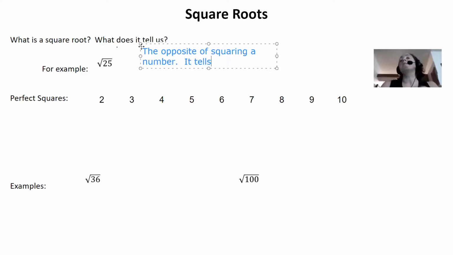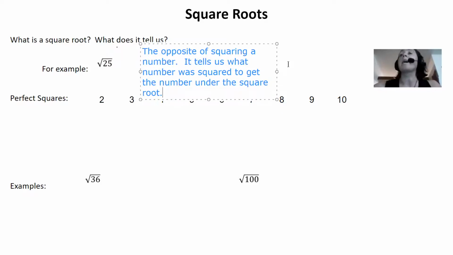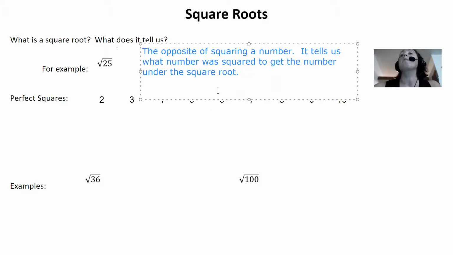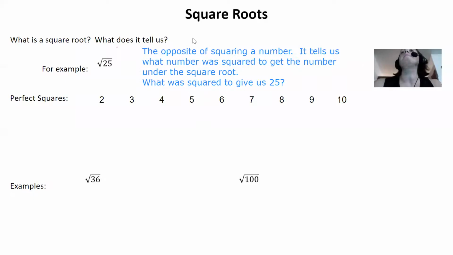It tells us what number was squared to get the number under the square root. So in this case, we want to say what was squared to give us 25. That's what we're saying right there.